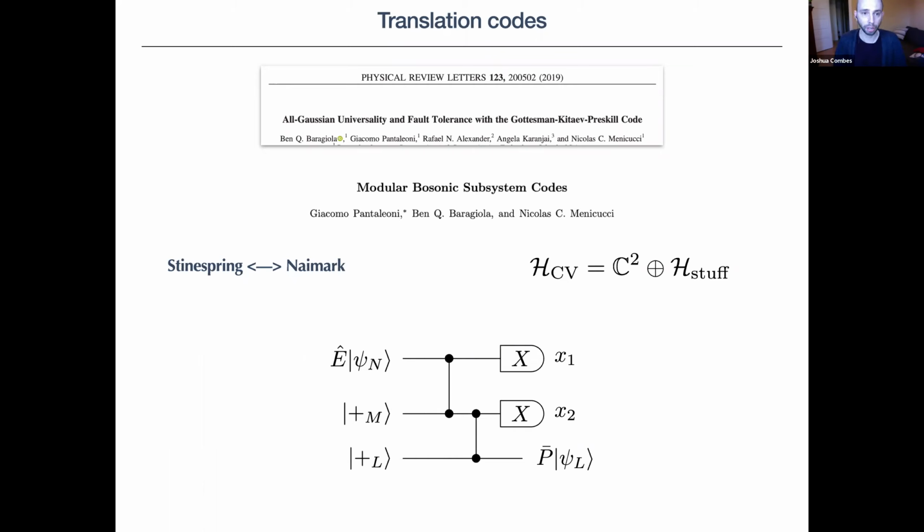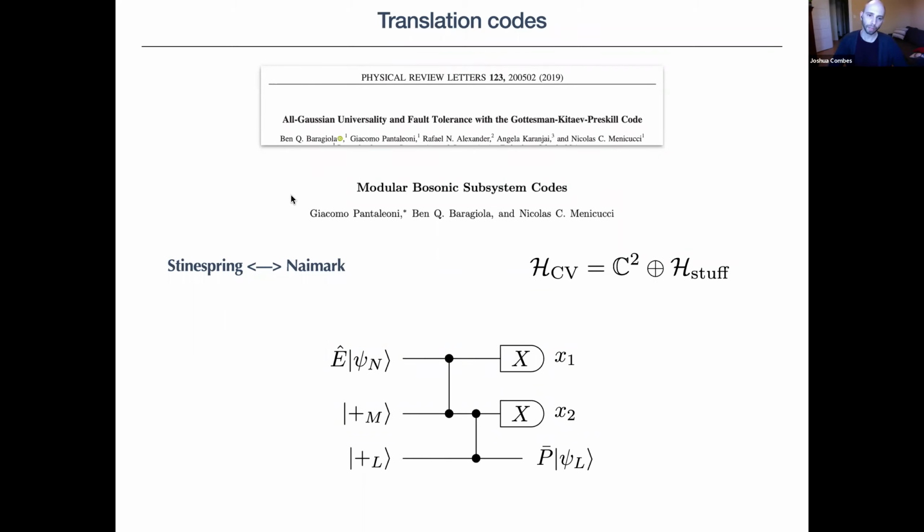And what's really cool in this paper that Ben's the first author on, they showed that the difficult part of GKP, which is making these magic states, or these cubic phase states or cubic phase gates, which is the sort of non-Gaussian thing that allows them to get universal computation, can be done with the vacuum state and heterodyne detection. And so this is a really cool result and is a bit of a game changer for CV codes.